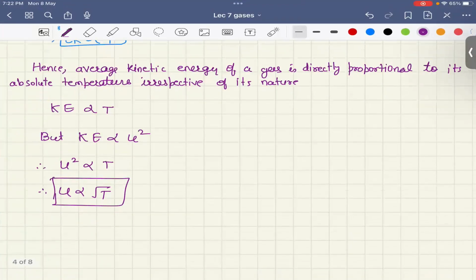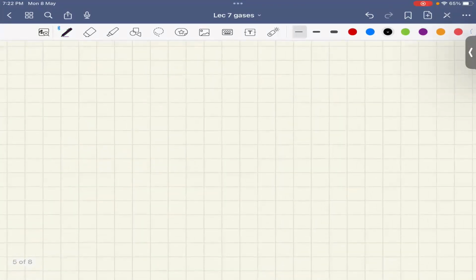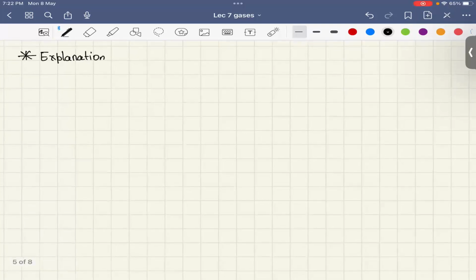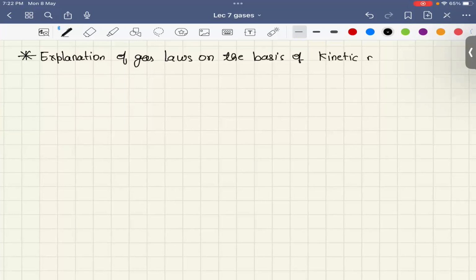Now, the next topic is explanation of gas laws on the basis of kinetic molecular theory of gases. The first law which we are going to study is Boyle's law.